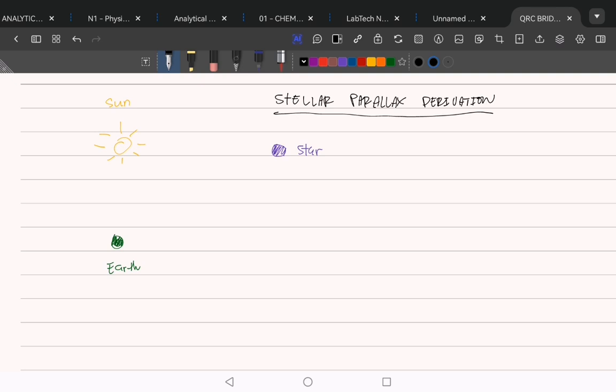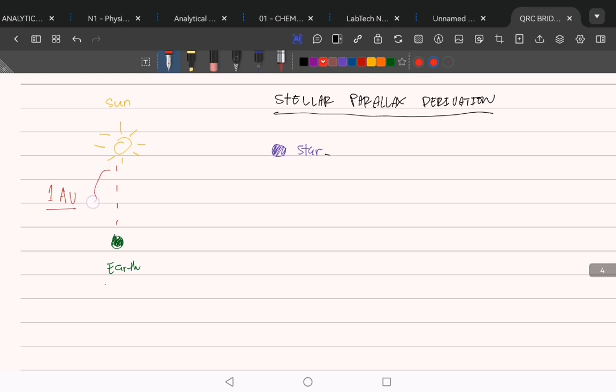Okay? Sige. So I have here a drawn diagram earlier. So we have the Sun, we have the Earth, and then we have the star. So what are the things that we already know about this figure? Okay, we all know that the distance between Sun and the Earth is approximately equal to one astronomical unit.